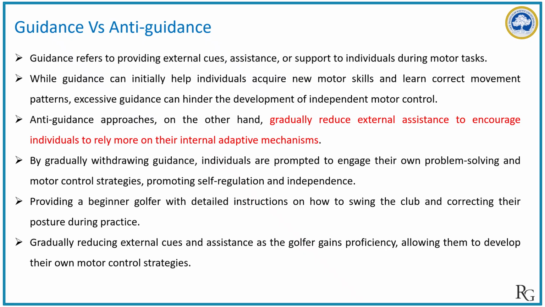The same principle applies in neurorehabilitation, where initially guidance is provided to the patients through exercise, but over time we reduce the help so that they can rebuild independent control using their own sensory and motor system.